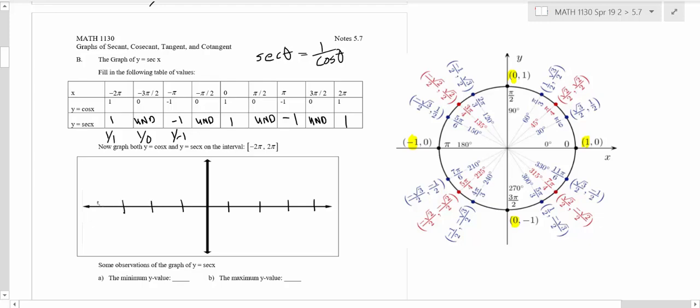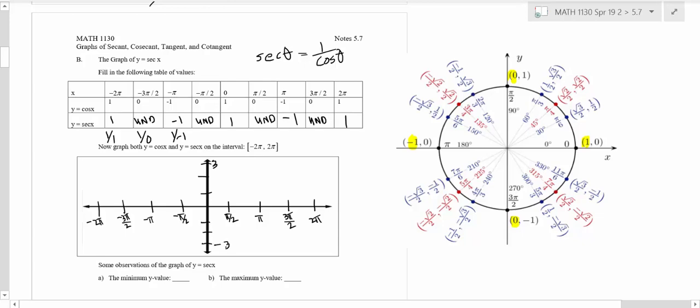You want to get your x-axis put together. So we have pi over 2, pi, 3 pi over 2, and 2 pi. You want to get all that labeled. And then do your negative pi over 2, negative pi, negative 3 pi over 2, and negative 2 pi like that. Okay, and then just make the y-axis probably go up to 3 and maybe down to -3 like that, okay?